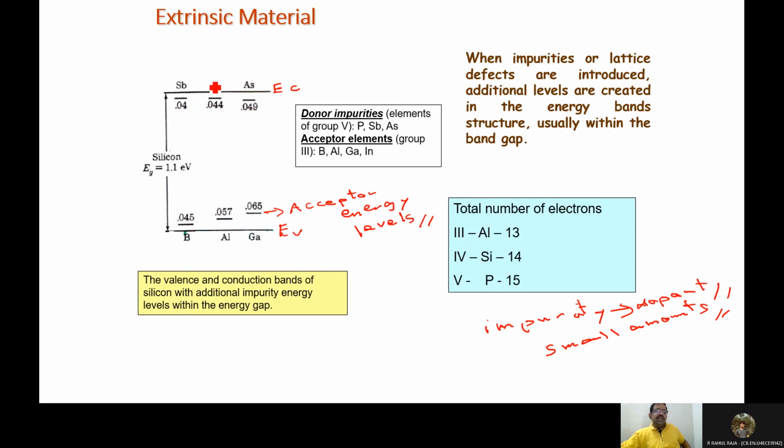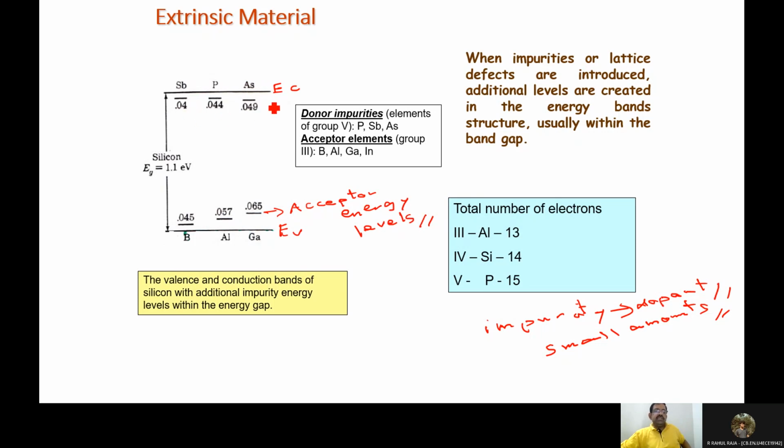Now similarly here, antimony, phosphorus and arsenic are fifth group elements. They bring in an additional electron. They have 5 electrons in their valence shell, and 4 electrons will participate in the bonding. One electron will remain free, which means they are bringing an extra electron. So the addition of an extra electron from each antimony, phosphorus or arsenic atom happens because they are willing to donate that electron.